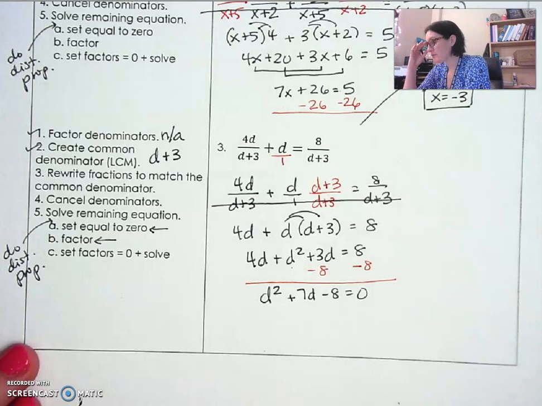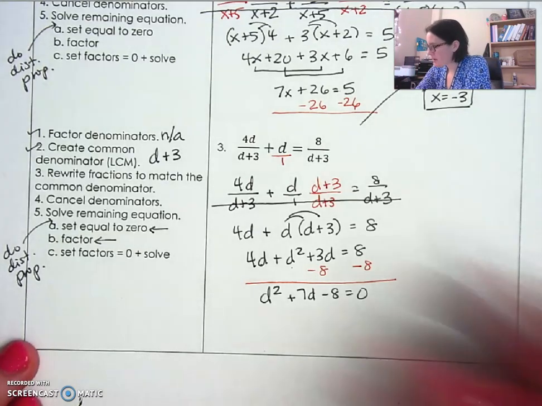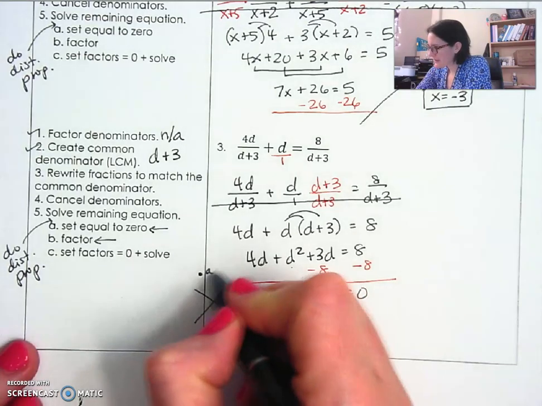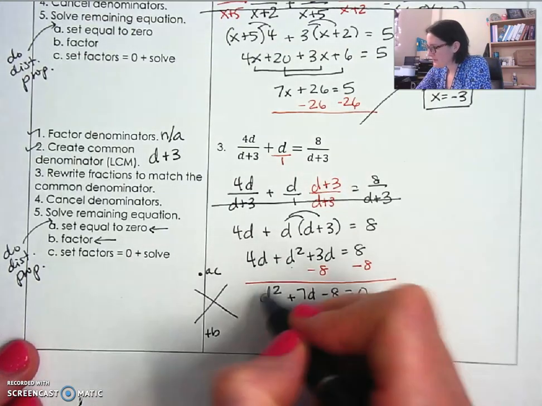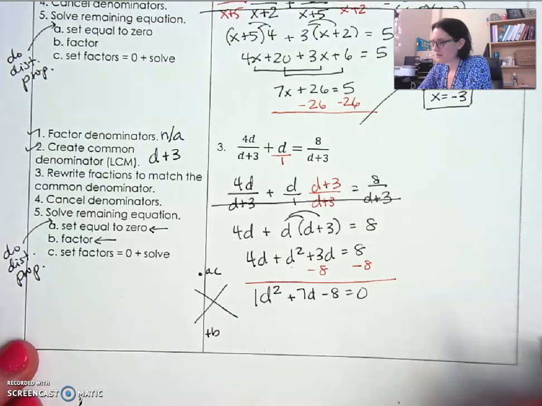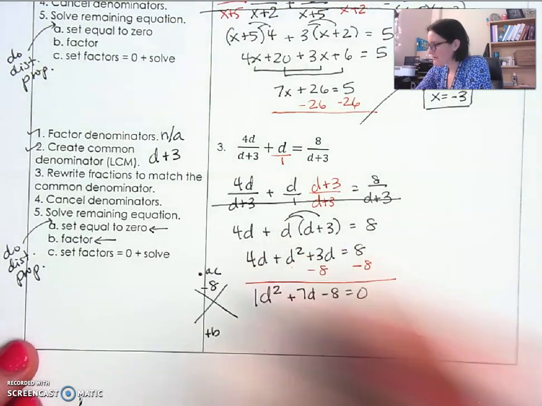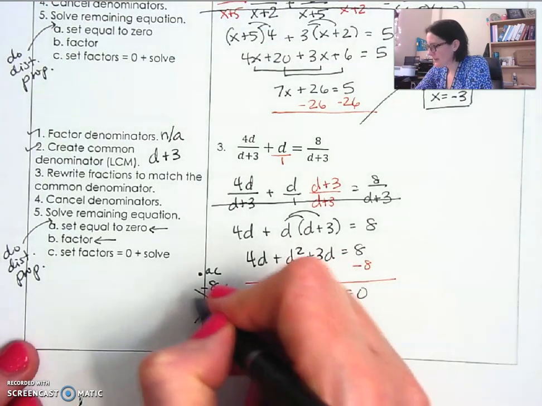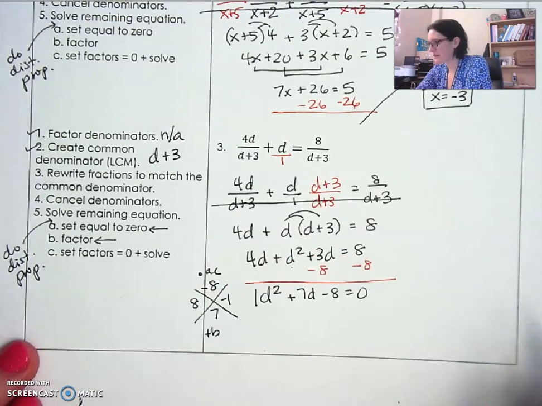So now I have a trinomial. We're going to do our shortcut method. What multiplies to AC and adds to B? The A value is 1. So 1 times negative 8, B is 7. And then 8 and negative 1 will work for me here.